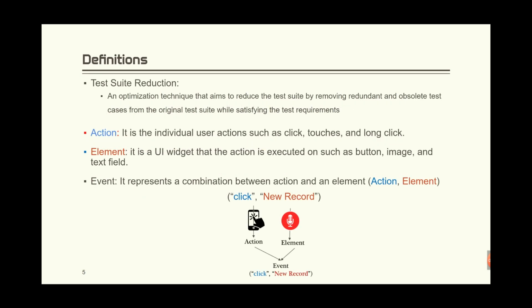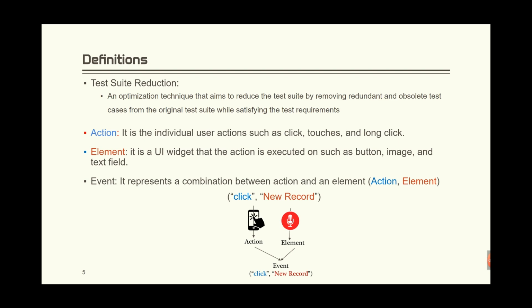Before we go into depth, let us define some terminology and definitions used in the context of this study. A test suite consists of a collection of test cases which are used for software testing, and each test case has one or more events.